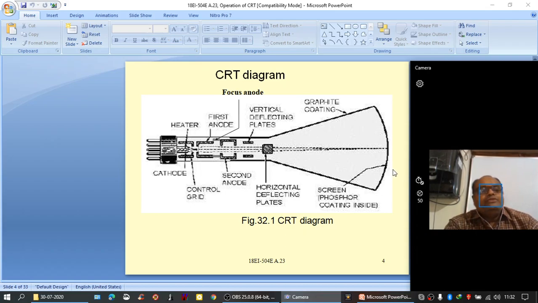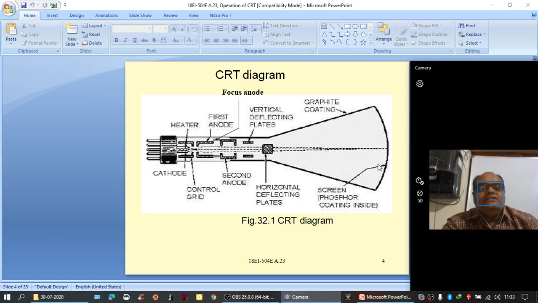So at each position when the electron beam hits the surface, light will be generated. That is how continuous dots on the entire screen, starting from left to right of the CRO, would give us a visual display of the variation of the applied input signal as a function of time. We can see the visual display.